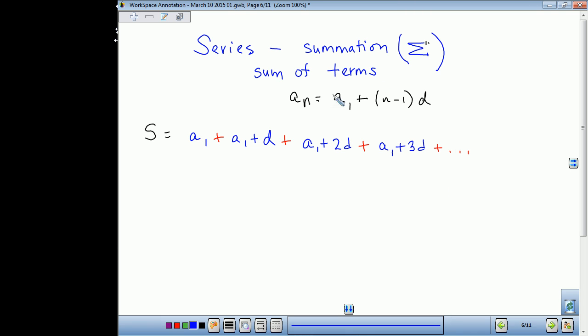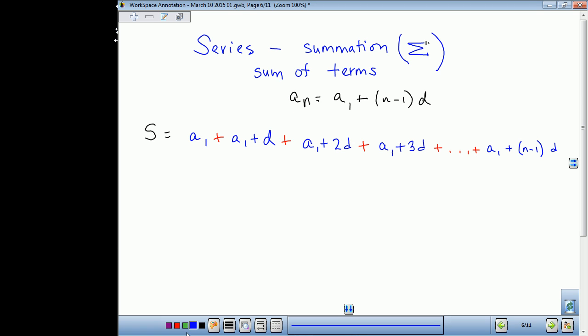Well, isn't the nth term just this? It's the first term, a sub 1, plus n minus 1 times d. Right? Yes. Okay. That gives us the nth term, because that's what a sub n is.